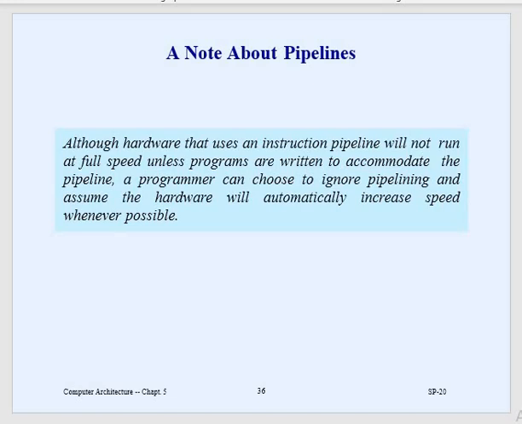So the programmer can sometimes ignore it because the hardware will take care of it automatically, but its structure and its causes are necessary for him to understand, to write in a better way wherever possible.